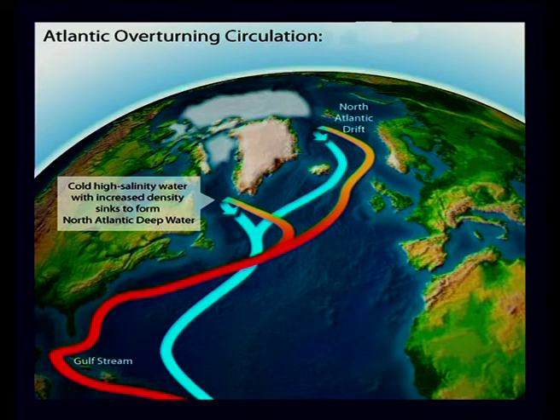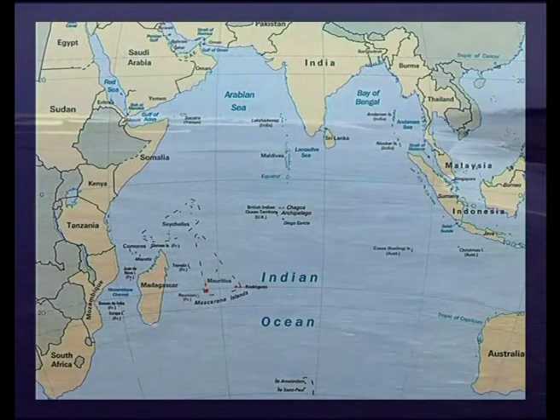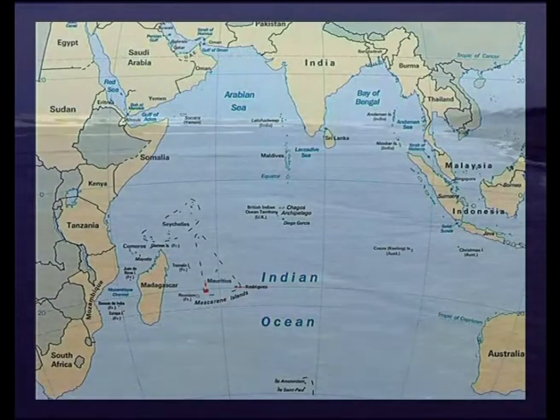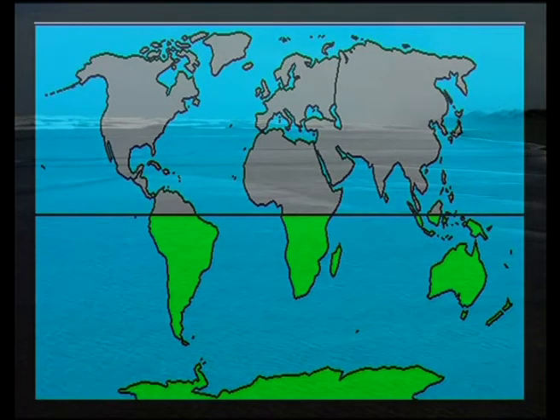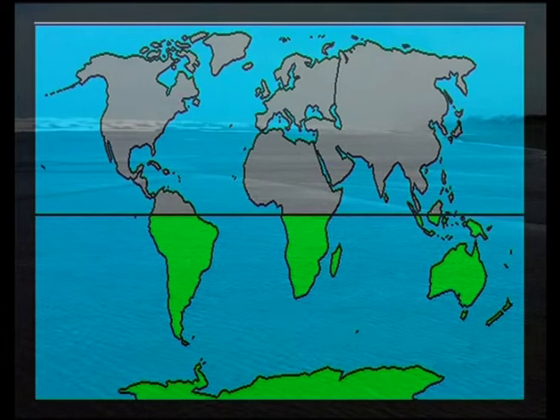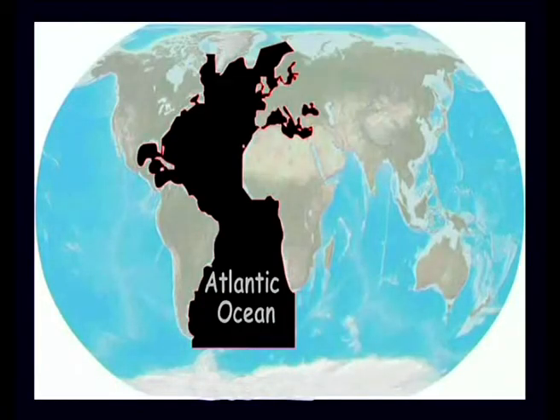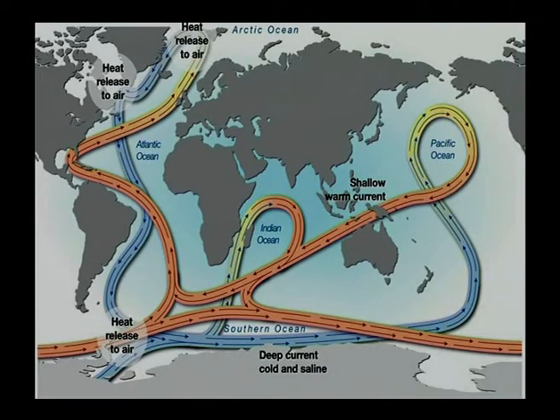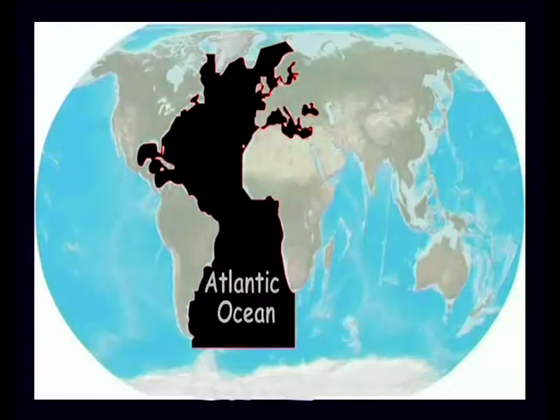Then Indian Ocean circulations, because the Indian Ocean is also considered to be one of the important oceans we come across. Because of the shape and position of India, the Indian Ocean exists mostly in the southern hemisphere. From November to March, equatorial circulation in the Indian Ocean is similar to that in the Atlantic Ocean, with the two westward flowing equatorial currents separated by an eastward flowing equatorial counter current as compared to circulation in the Atlantic.